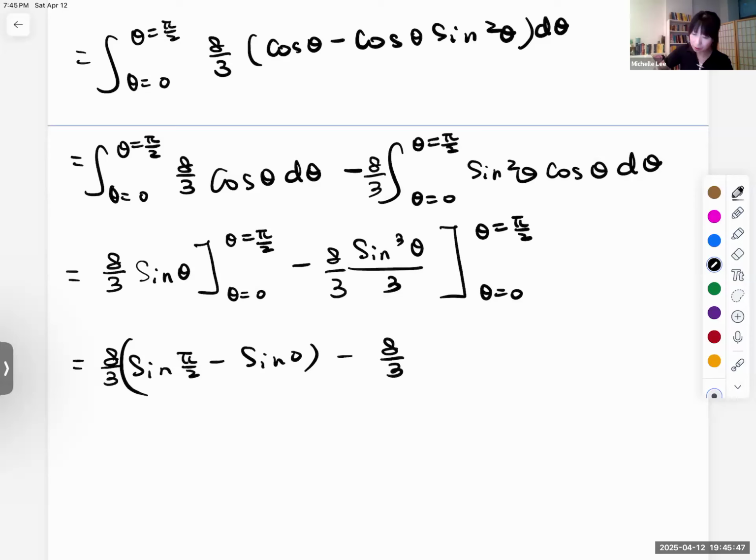Minus 8 over 9 times sine to the third power of pi over 2 minus sine 0 to the third power.